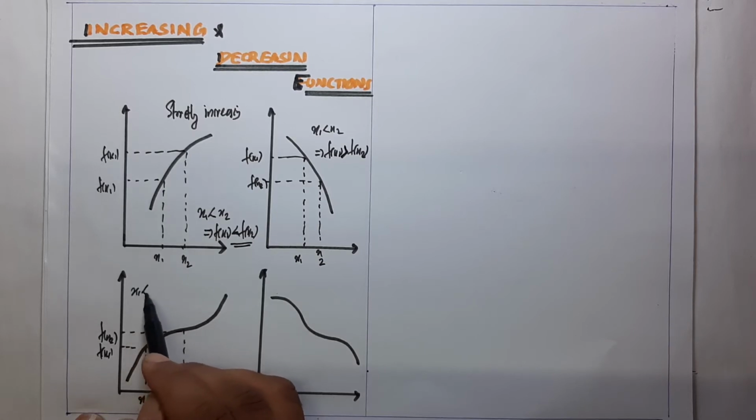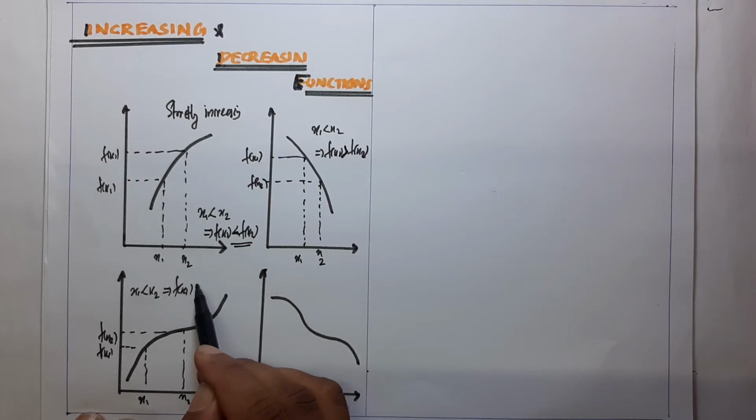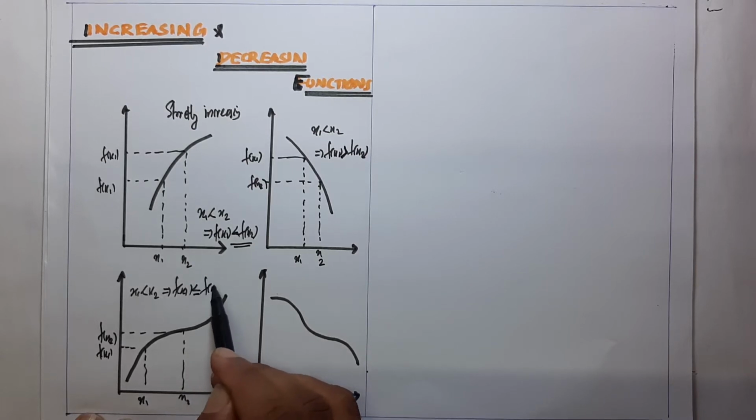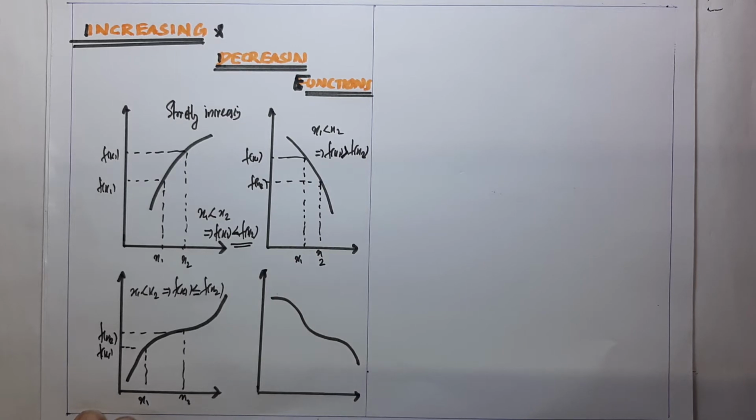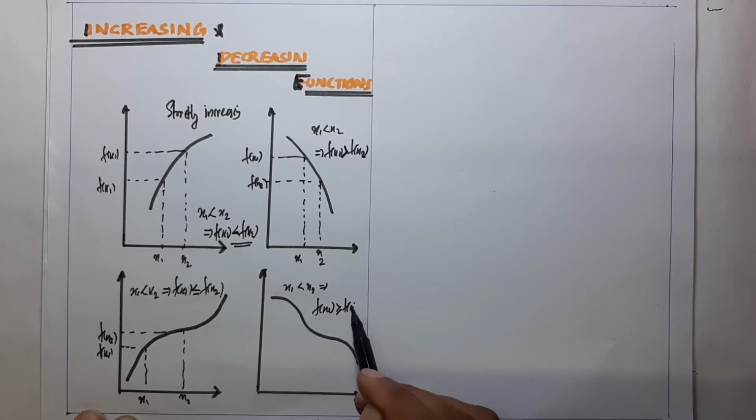If x1 less than x2 implies f of x1 less than or equal to f of x2, the function is said to be increasing, not strictly. Similarly, if x1 less than x2 implies f of x1 greater than or equal to f of x2, the function is said to be just decreasing, not strictly.